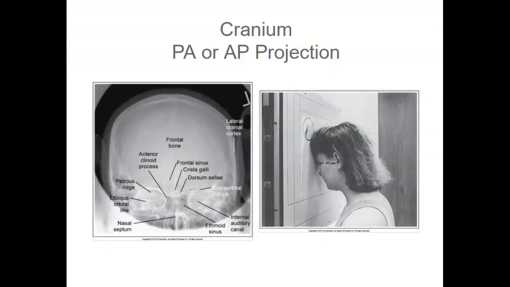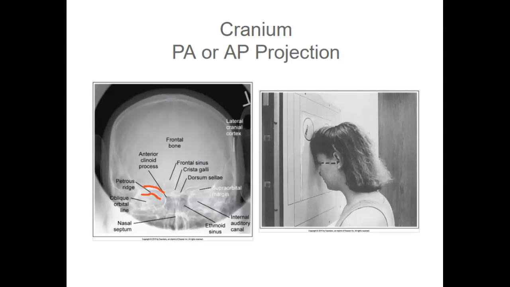If we flip back, you can see that the petrous ridges are just inferior to the supraorbital margins here, okay? And here's your petrous ridge and supraorbital margin. So therefore, they should not be demonstrated so inferior to, okay?